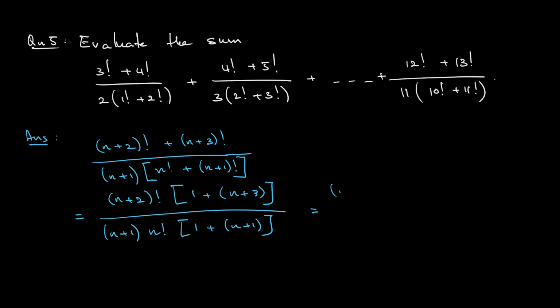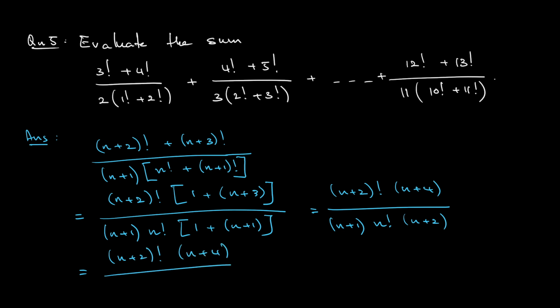So n plus 2 factorial does not change. 1 plus n plus 3 will be n plus 4, divided by n plus 1 multiplied by n factorial, and 1 plus n plus 1 is just n plus 2. I want you to focus on the denominator.